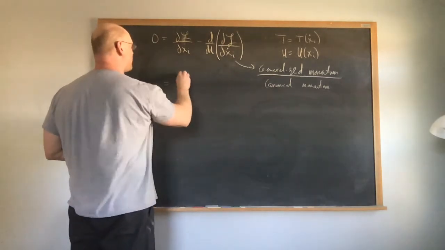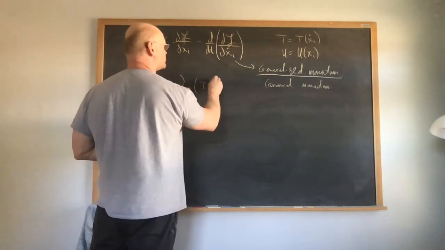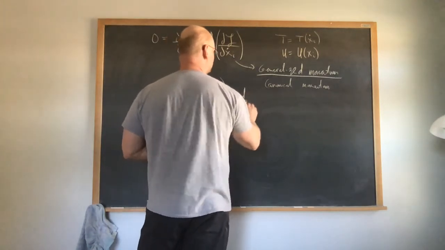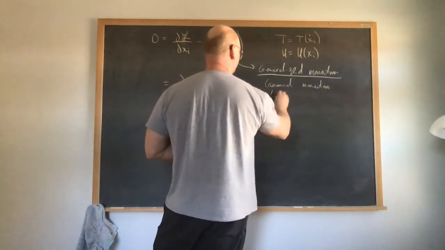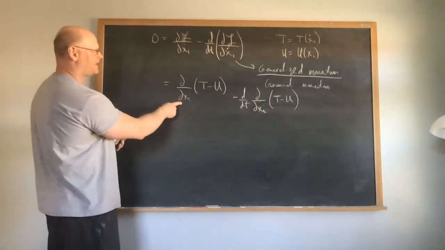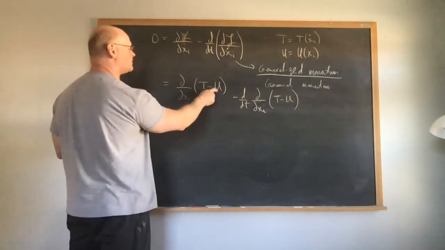So this is going to be now the partial with respect to x_i of the kinetic energy minus the potential energy, minus d/dt of the partial with respect to x dot of the kinetic minus the potential. So here, since this only depends on x dot, the partial derivative of that will go to 0, so I'm only left with him.